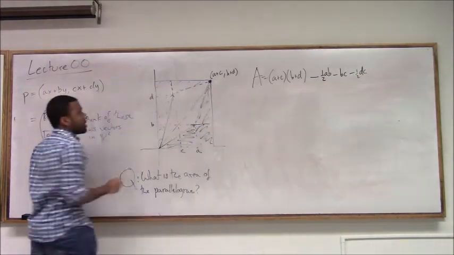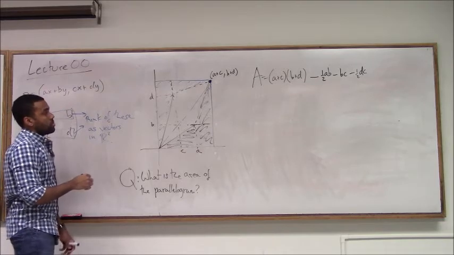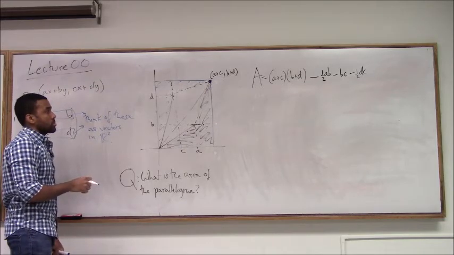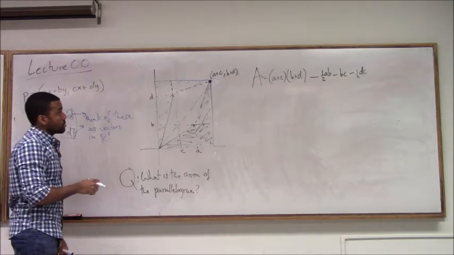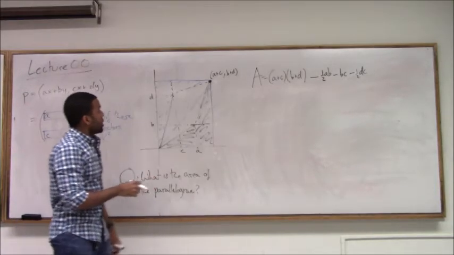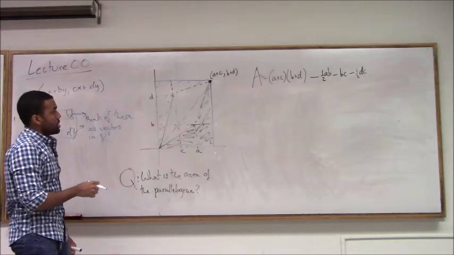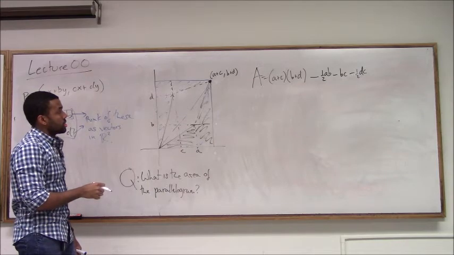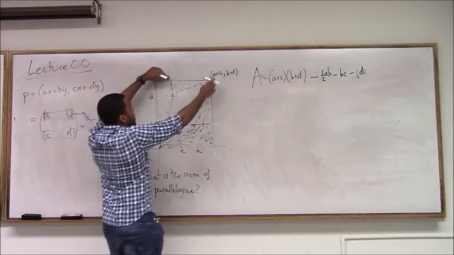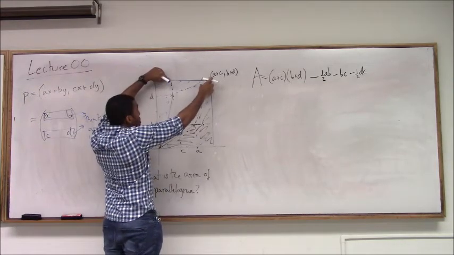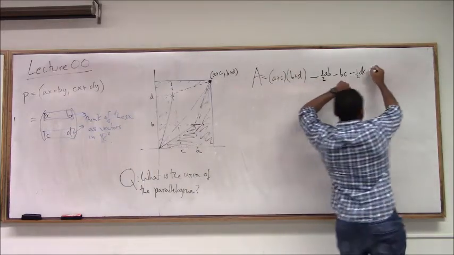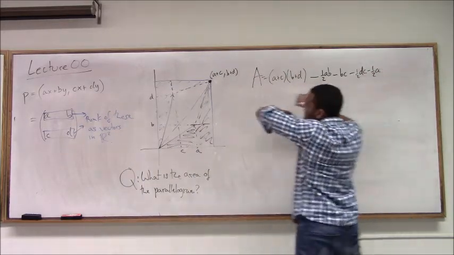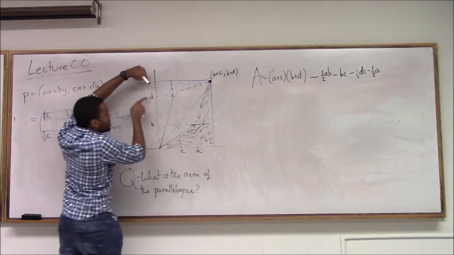What about this piece here? This length here is what? A. That's the height. So it's minus one half A times what's this?